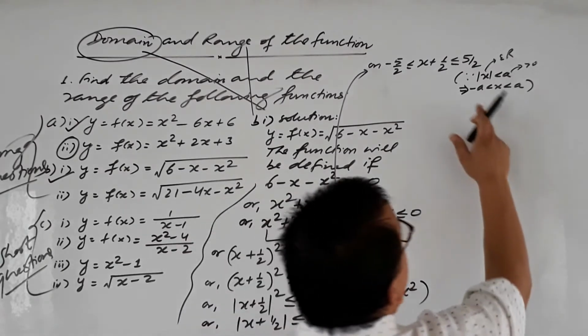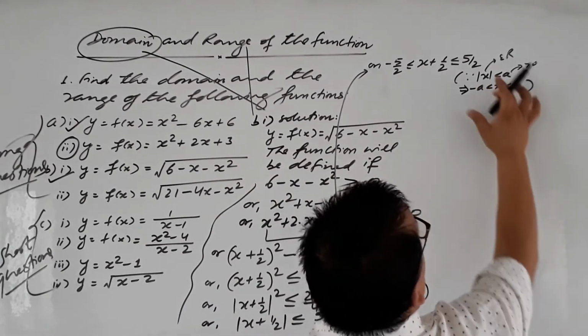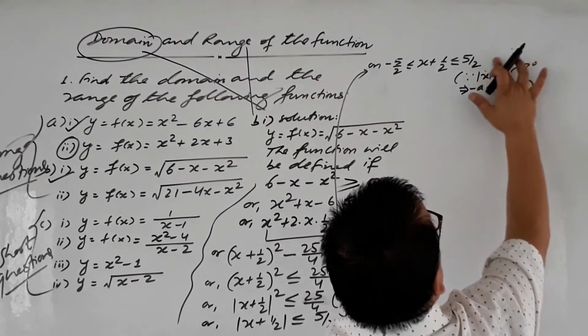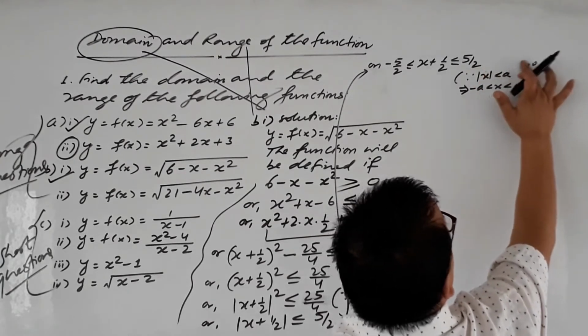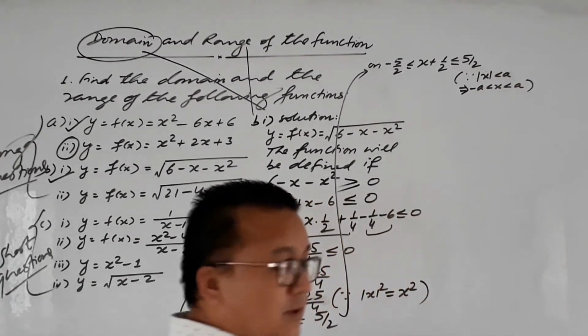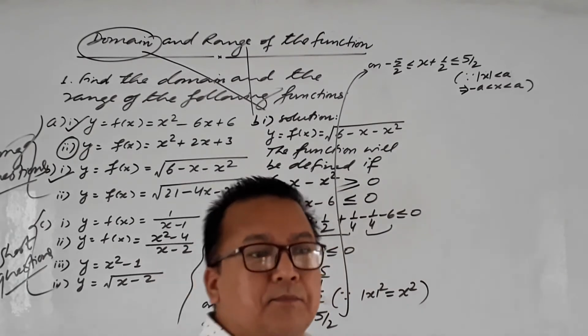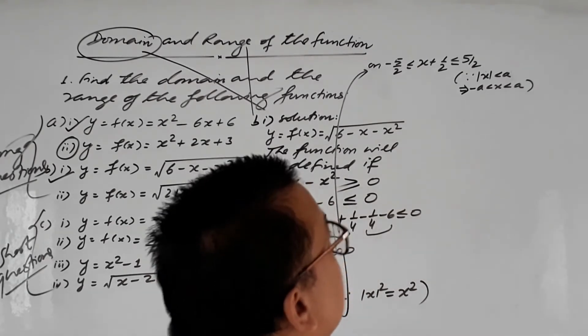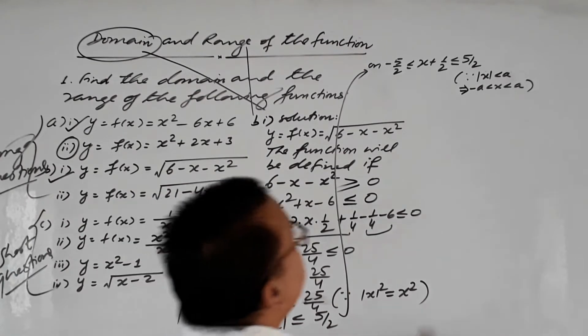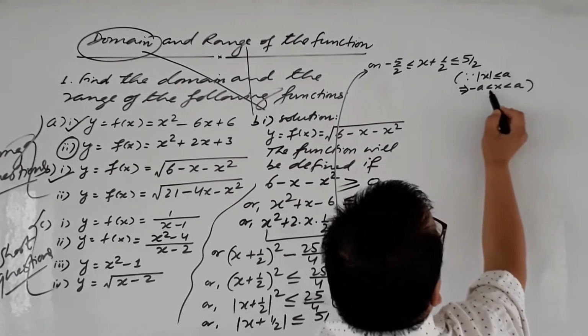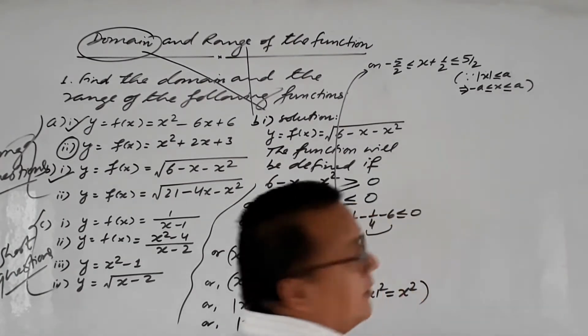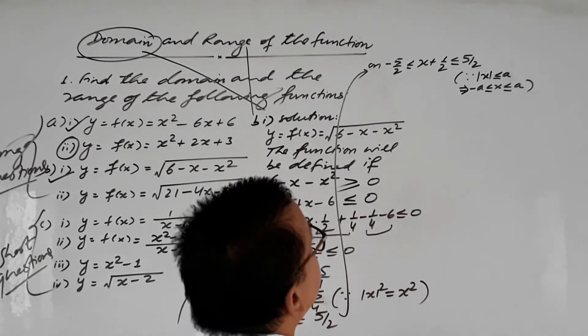Then only we can use this one. So I guess you understood. x is a real number, a is positive, then we can use mod of x less than a implies minus a less than x less than a. But if we have the equal to sign, then we can also use the equal to sign. In both cases it's true.